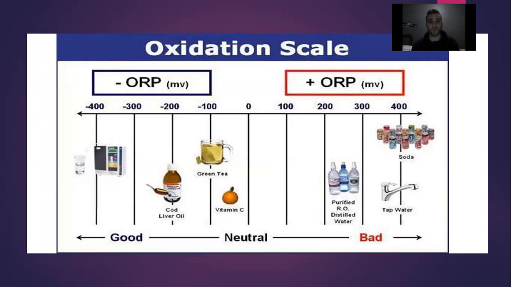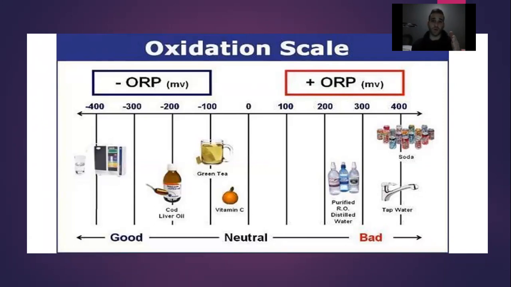I simply explain that this is an oxidation or antioxidation scale, and the more positive a substance is, the more it promotes oxidation. That means rusting, aging, which leads to sickness. Examples are the bottled waters, tap water, sodas.